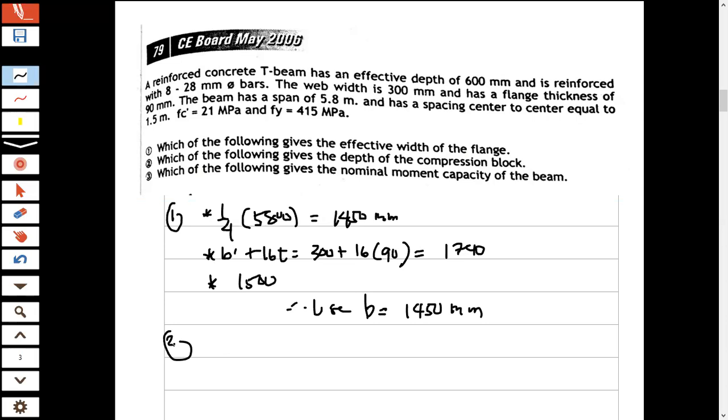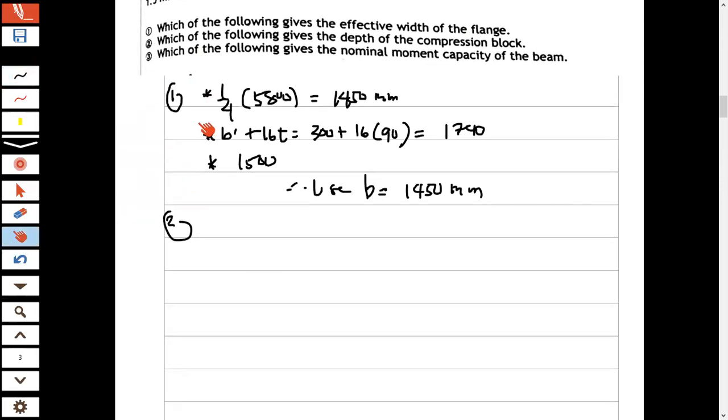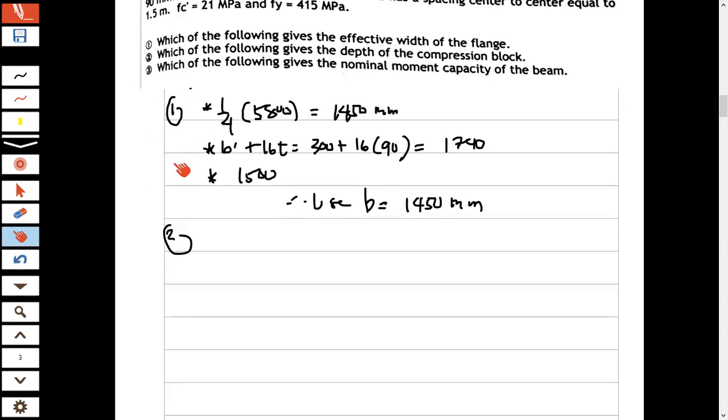compression block? Depth of the compression block. Okay, so parang similar to sa unang problem natin eh. Actually hindi siya true T-beam. Okay? So, ibig sabihin, draw lang natin yung beam, ano? Ibig sabihin, we treat this one as rectangular beam.